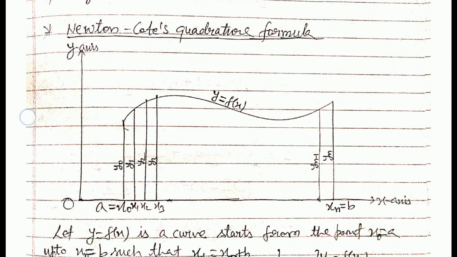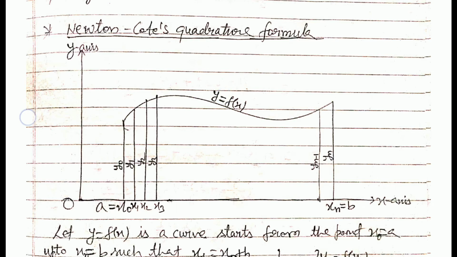This is the starting value of x, that's x naught. Then we add h to x naught and get x1, then x2, then x3, and in such a way we reach xn. For x naught we have y naught, that means y naught is equal to f of x naught.